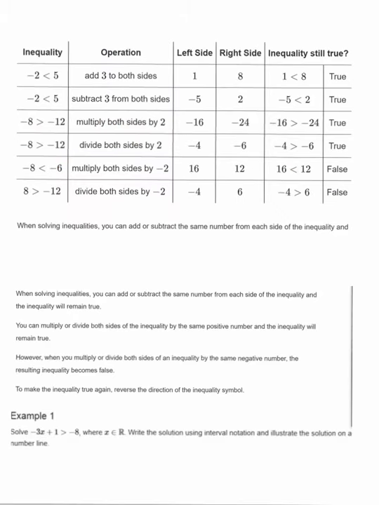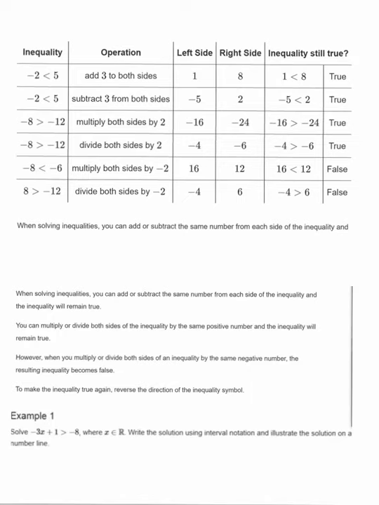On a related note to interval notation, we're going to look at inequalities and operations with inequalities. I encourage you to look at this table in a little more depth. I'm just going to skim over it quickly, but essentially it's giving you an inequality and then performing an operation. For the first one, we have -2 is less than 5.